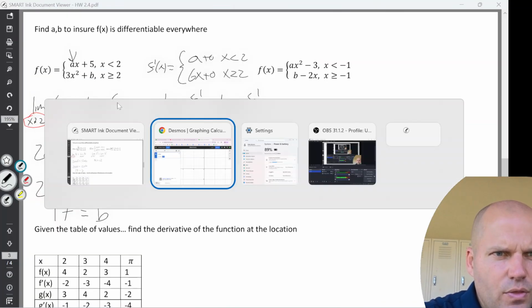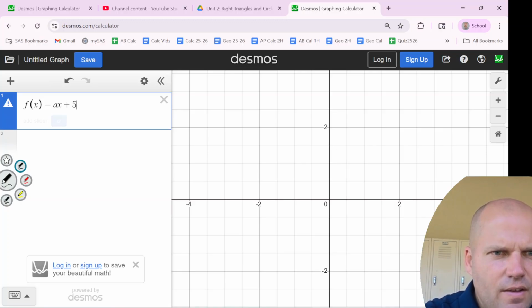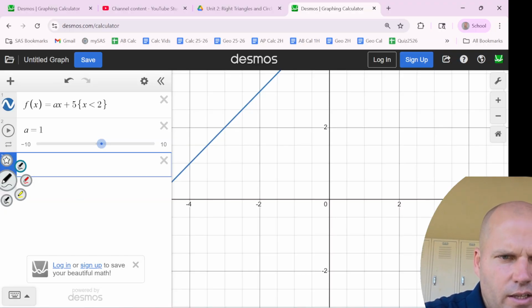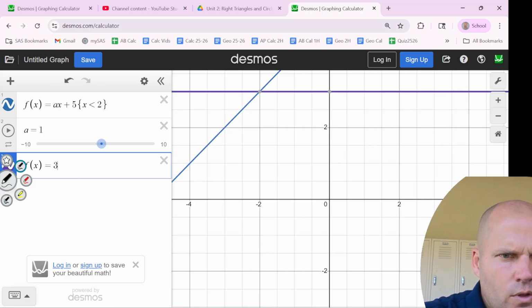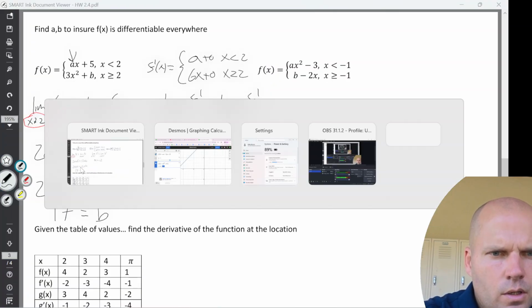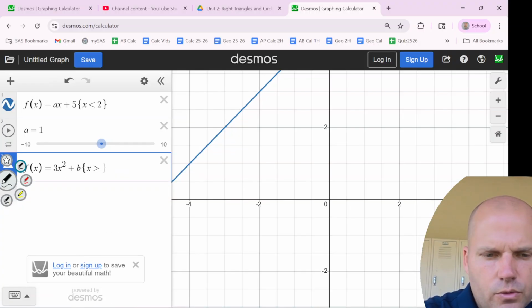I'm going to graph this because I really enjoyed graphing this on the lesson. We start with ax plus 5 for x less than 2, and then we have 3x squared plus b for x bigger than or equal to 2.